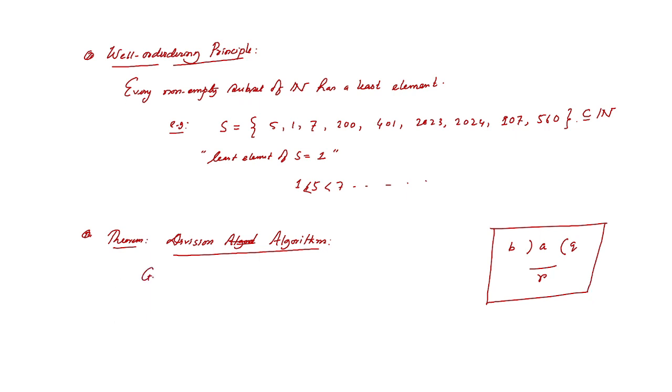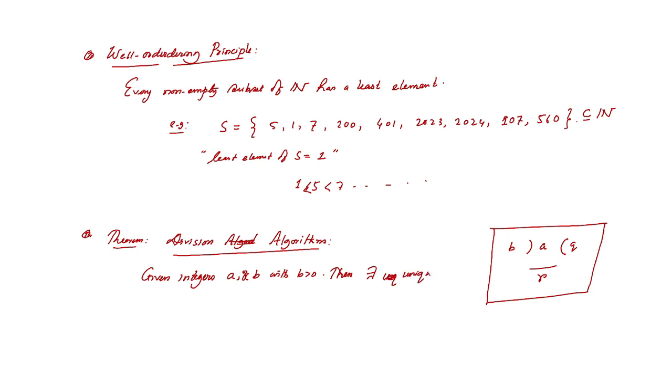Given integers a and b with b greater than 0, there exist unique integers. So the quotient and remainder will be unique.